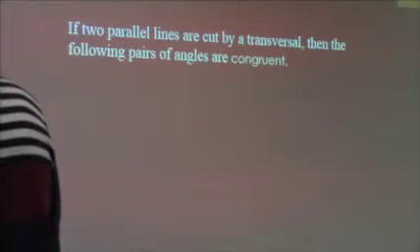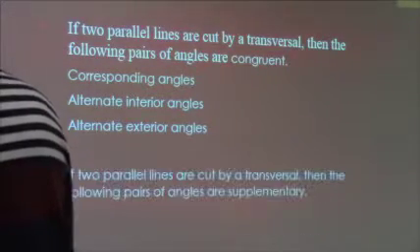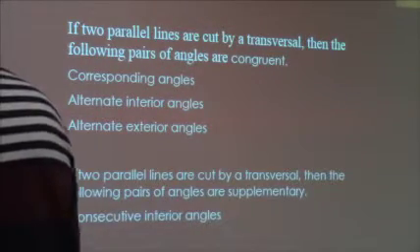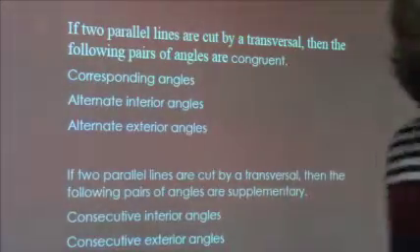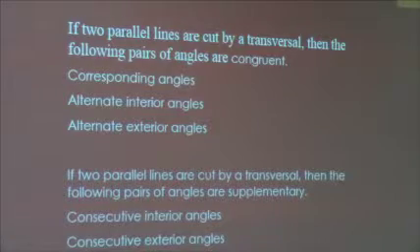Now, let's talk about the relationship between those special pairs of angles when the lines that are cut by the transversal are parallel. So, basically, when those lines are parallel, then the corresponding angles will be congruent, alternate interior angles will be congruent, alternate exterior angles will be congruent, and consecutive interior angles and consecutive exterior angles would be supplementary.